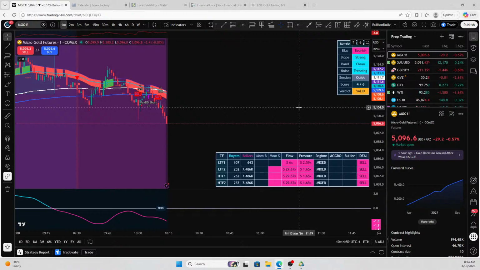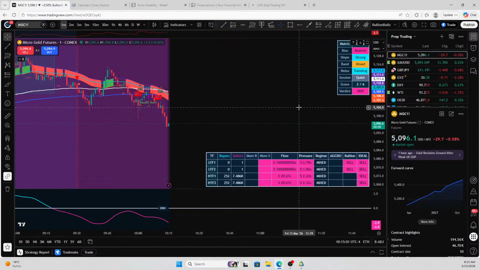Okay, high volume candles are coming in. It's above 2, so now we're looking for sells.